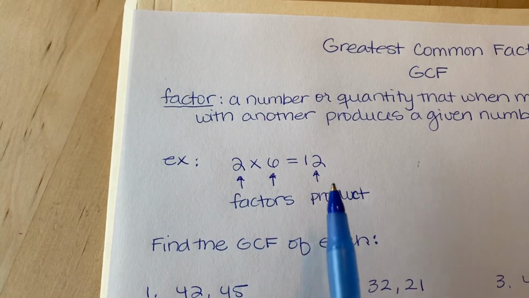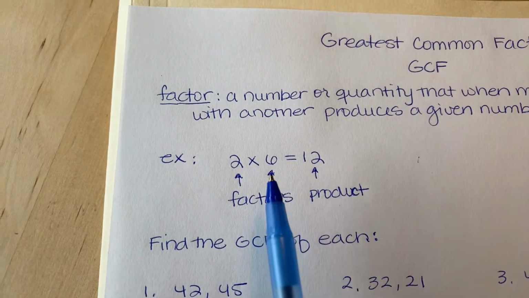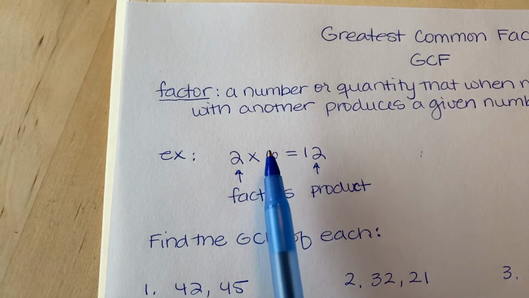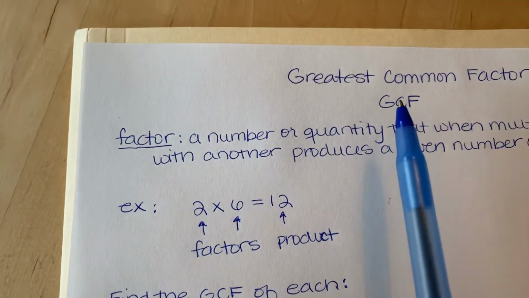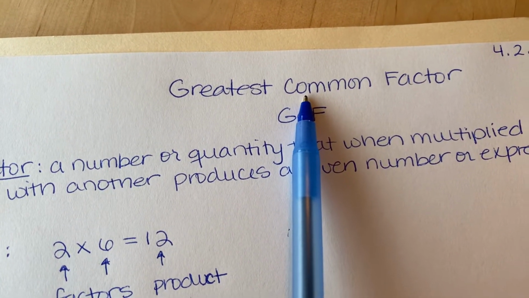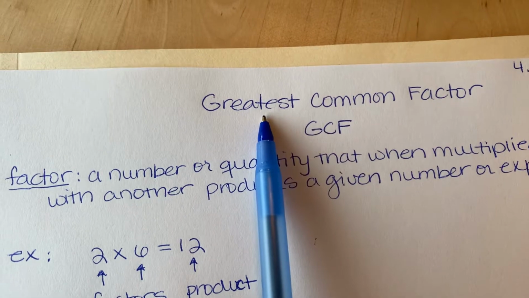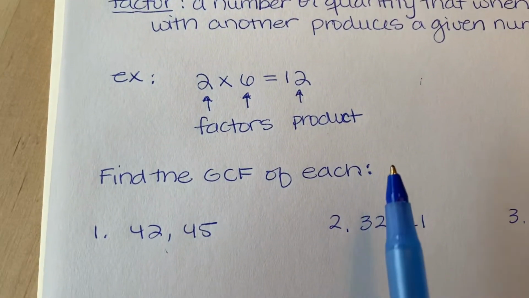We know there are multiple combinations, but that is one factored combination. So we're looking for factors. We want to take the number and break it down to its factors, then look at what they have in common or share, and of course the greatest means we want the biggest value.